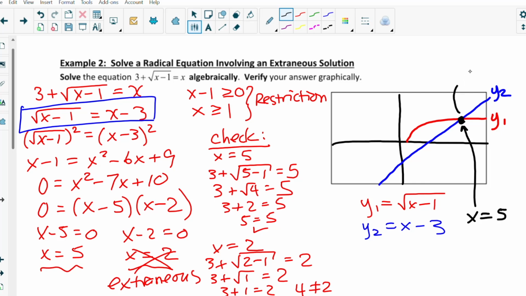X equals 5. The actual point, if you do the intersection, is 5, 2. Of course we want that x value, so there's my solution. At x equals 2, there is no intersection point.